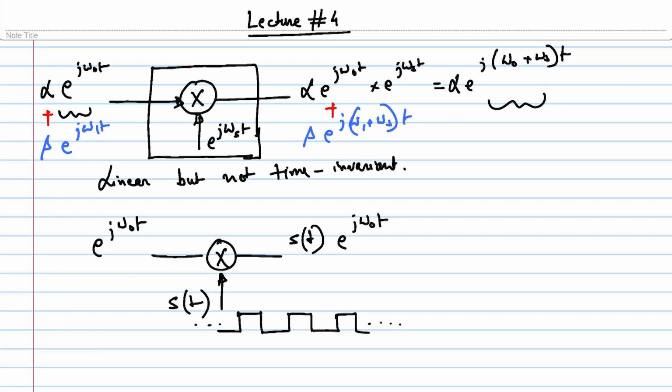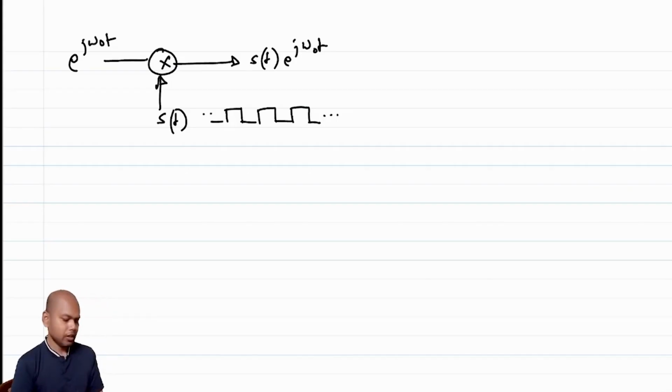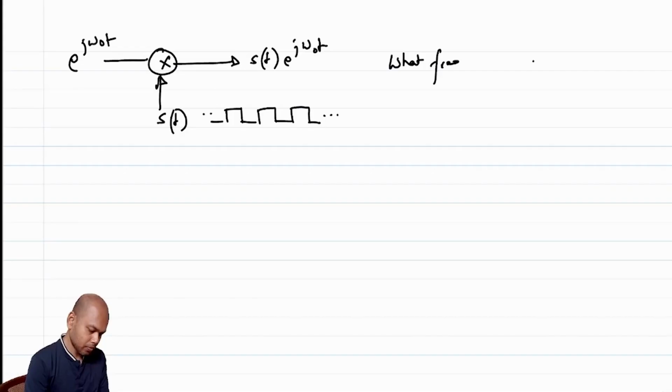So the question that will come regularly is: what is the frequency component of the output? So let me redraw this. I understand the output is s of t times e to the power j omega naught t, where s of t is the square wave. The question is, what frequency components are present at the output?